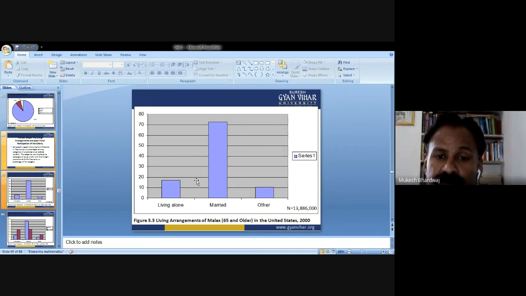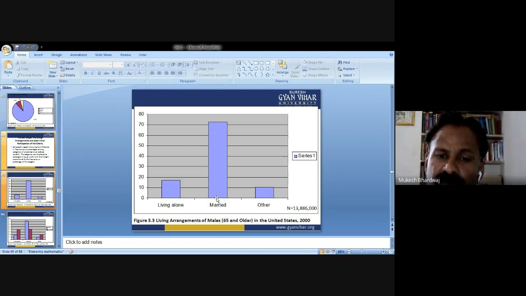So the widths are the same for the bar graph, and the height depends upon the frequency or the number of data. If I'm talking about living alone, then between 10 to 20% of males live alone.